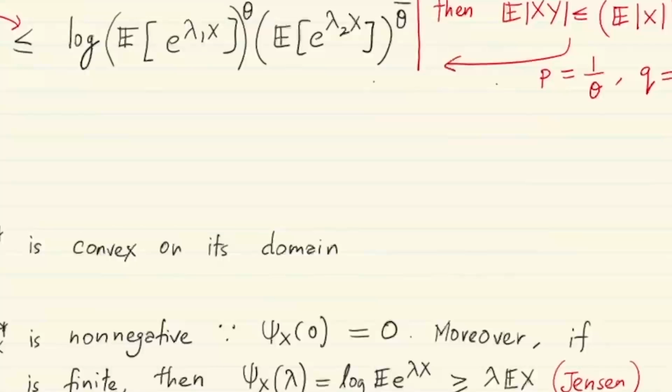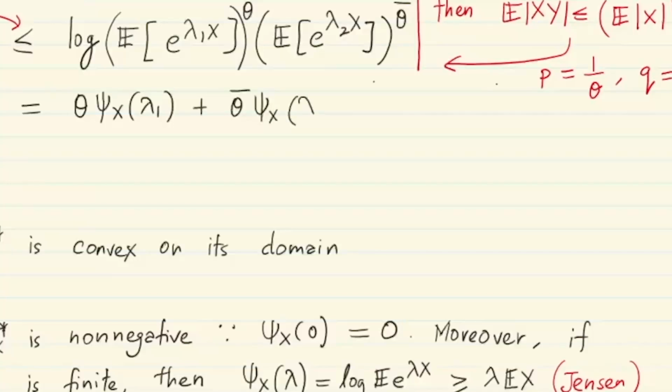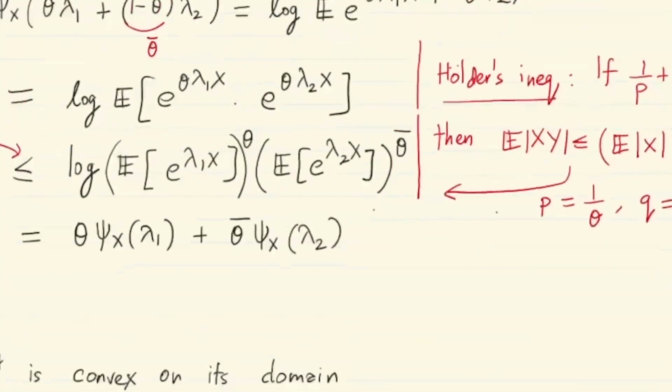And so the moment you have Holder's inequality here, this just simplifies to theta cx of lambda 1 plus theta bar cx of lambda 2. Okay, and so this is why cx is convex. This left hand side being less than or equal to this right hand side is the definition of cx being convex.